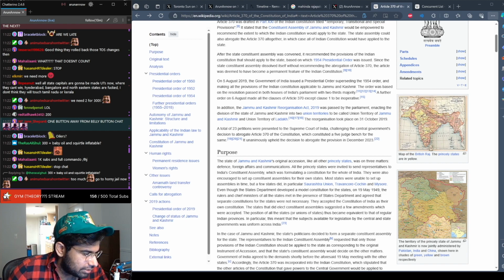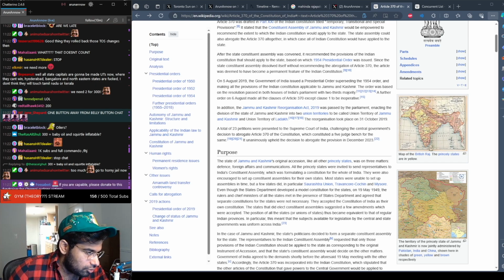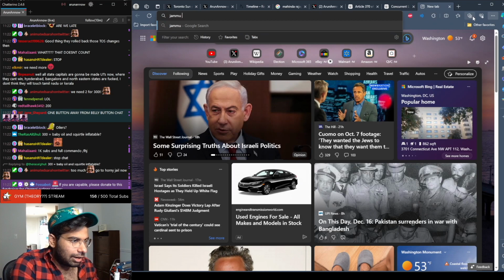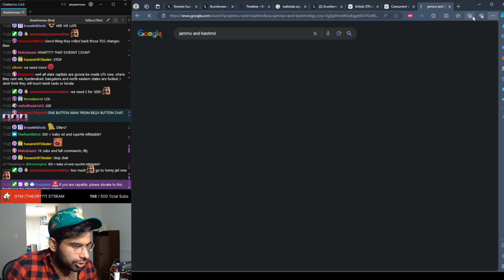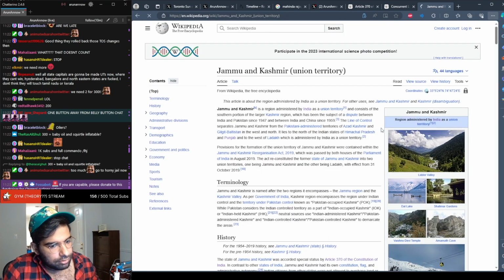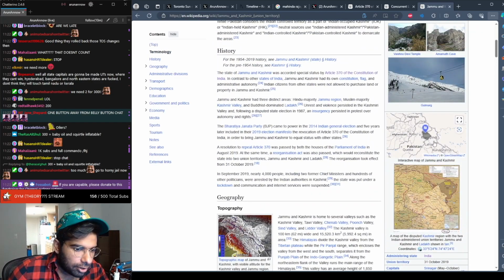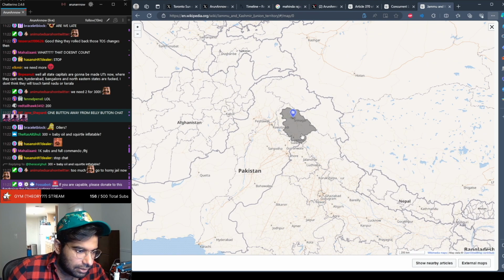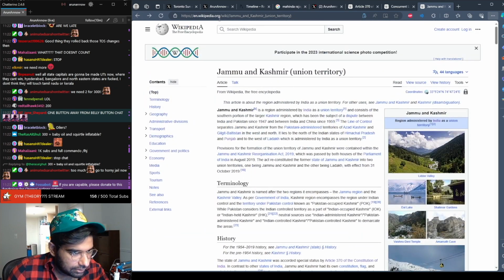And then the Modi government came in and split this state into two union territories. So you now have Jammu and Kashmir, the residual part of Jammu and Kashmir. It's this half. And then this other half that they split is called Ladakh.